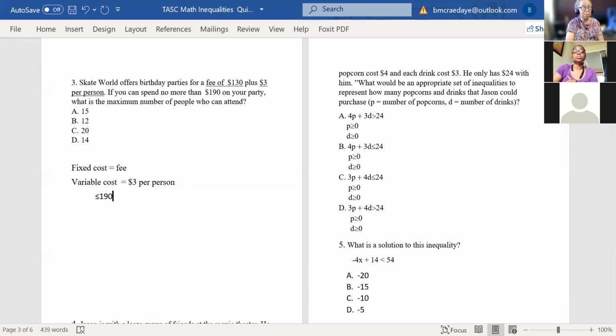Now, what must be less than or equal to our 190? What would you put on the left side, Vanessa? If you can spend no more than... Now you've got a fixed cost and a variable cost. Since it says per person, we'll let P equal person.